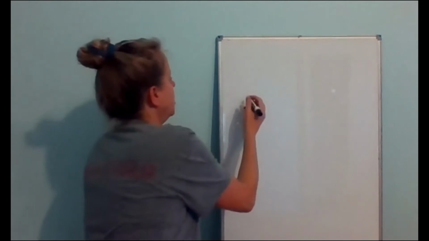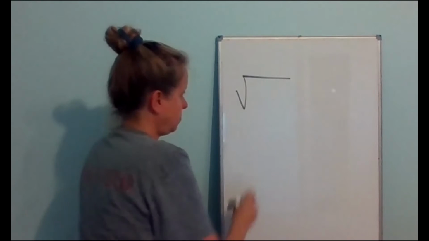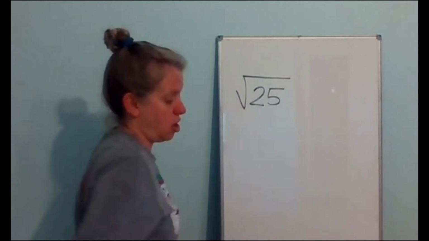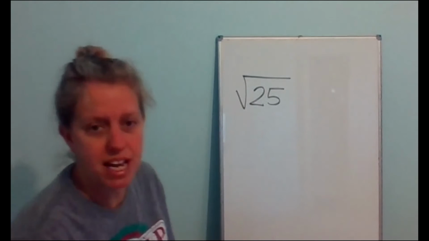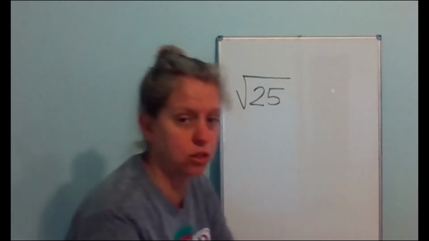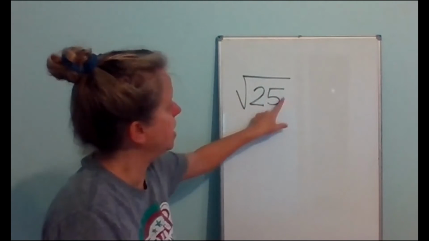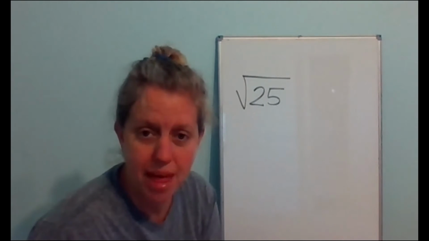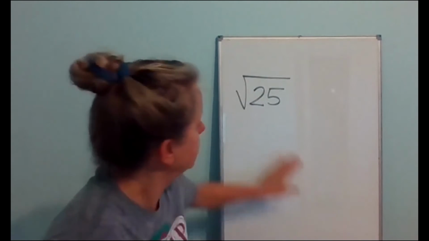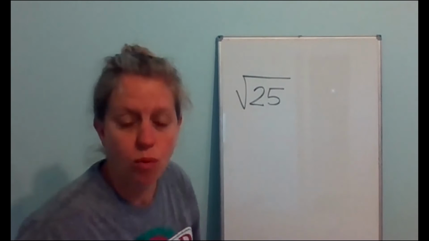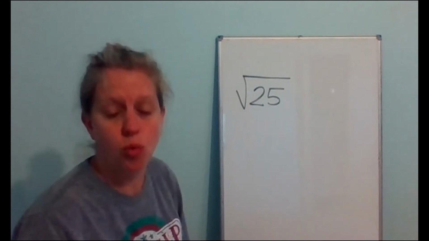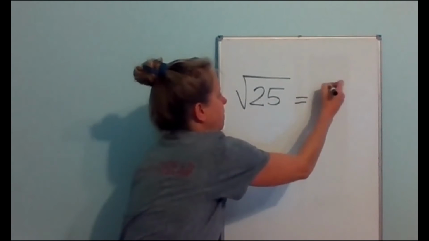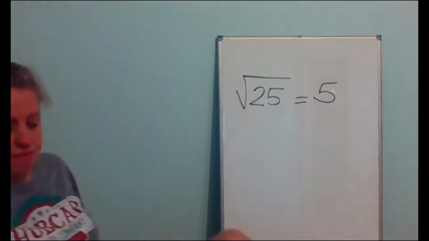When we're talking about a square root, the numbers that we have dealt with so far have been what is called perfect squares, which means the number underneath the radical symbol is a perfect square, which means there is a number times itself that will give you 25. Well, what is the square root of 25? The number that times itself is 25 is 5.